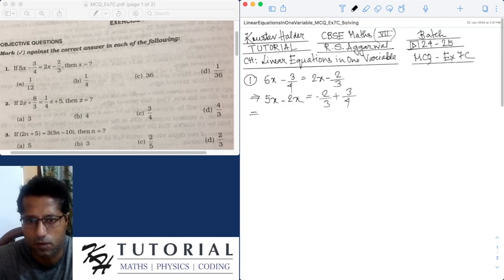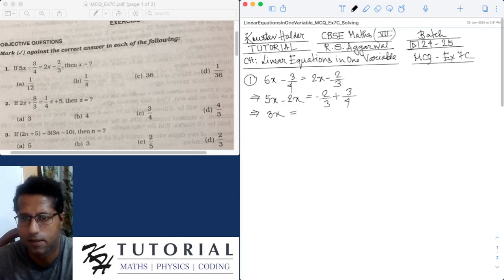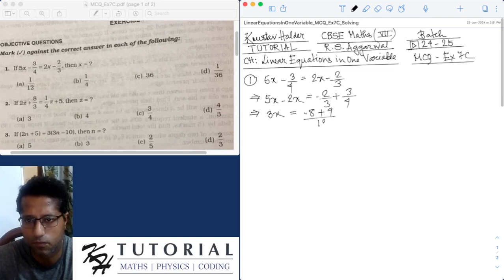Now 5x minus 2x is 3x, and on the right hand side, if I add the two fractions, it becomes minus 8 plus 9 by 12. This is 1 by 12. So I got 3x equals 1 by 12.